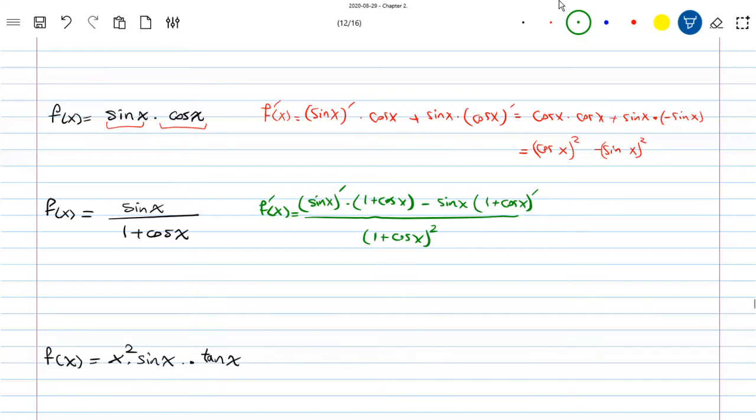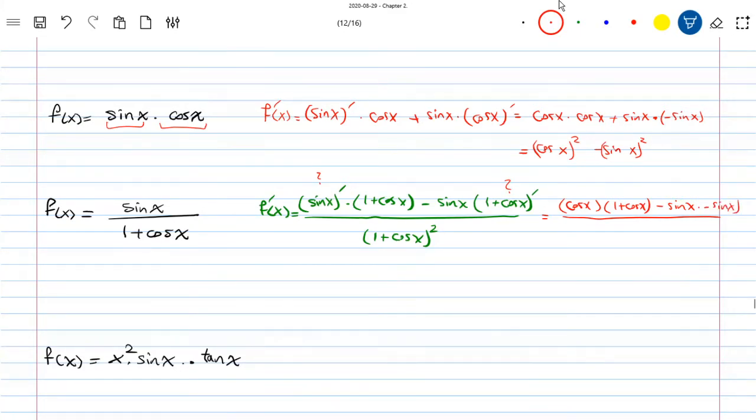You need to figure out what are these two derivatives. This is the question. If you figure out these two, then you can simply distribute the numerator and simplify if you want. Derivative of sine x is cosine x. So I have cosine x times 1 plus cosine x minus sine x. Derivative of 1 is 0. Derivative of cosine x is negative sine x times negative sine x.